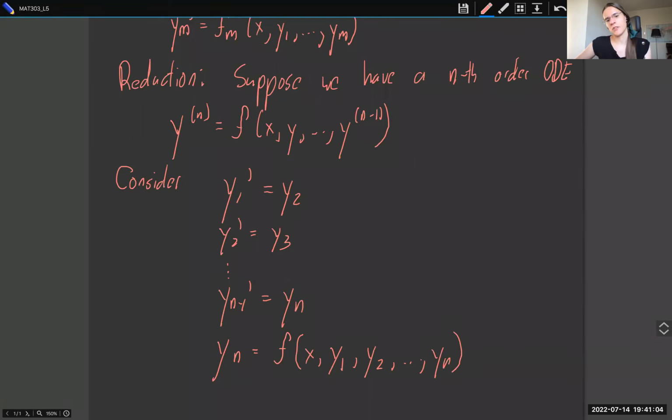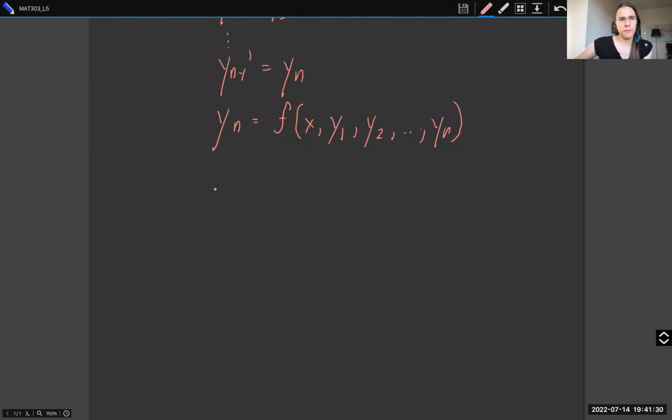So what I've shown is that in general, all nth order ODEs can be expressed as a first order system with n equations. So ODE systems present a very powerful reduction that we can do. And what we're going to work with in particular is linear first order systems.